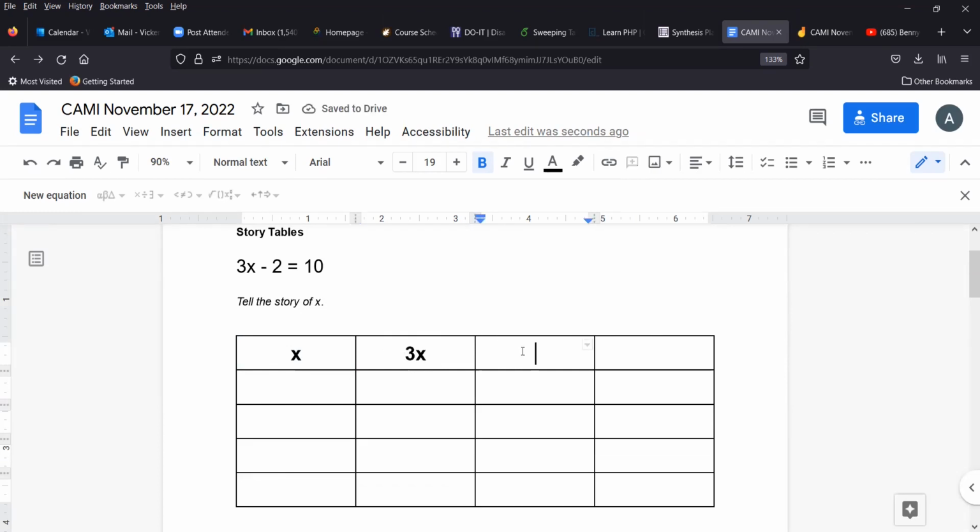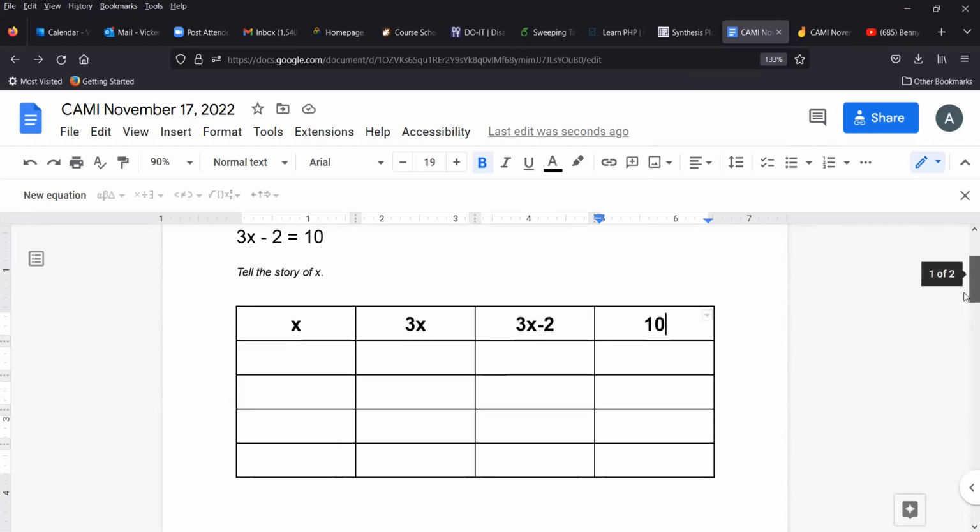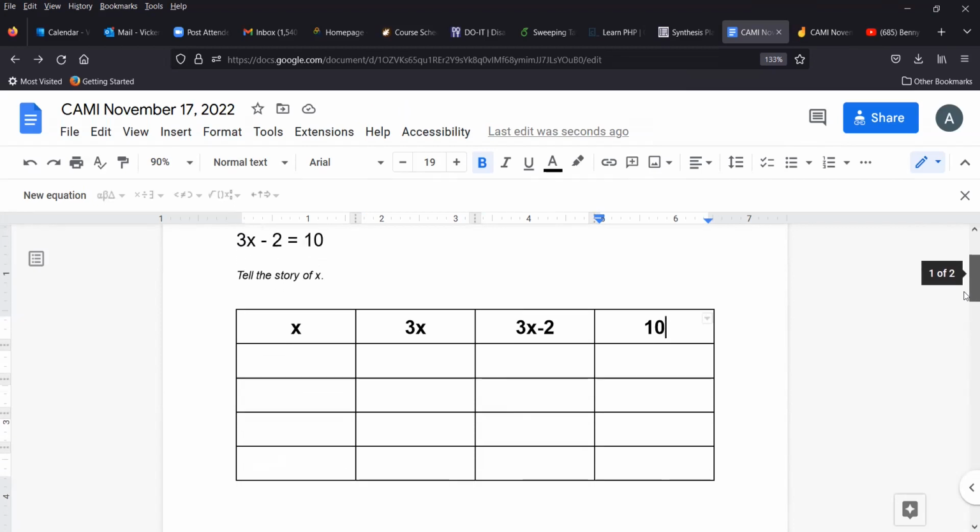The next thing that happens is that 2 is subtracted from 3x. And after this whole story has happened, the result that we're expecting is 10. Now our job is to do some very broad guessing and checking about what X might make this true.